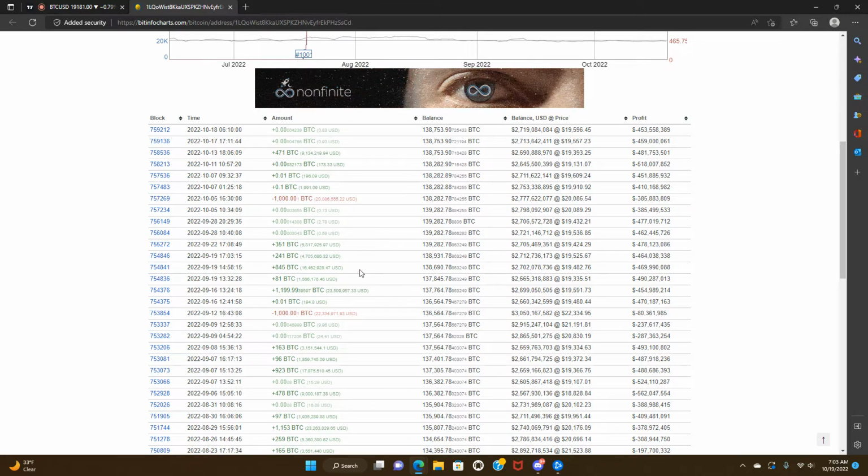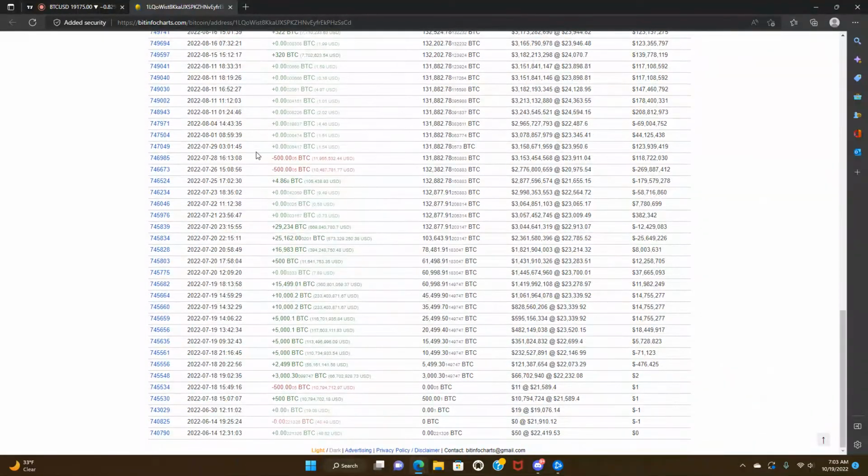But whatever this entity is, it does appear that there's not really a pattern to their accumulation, right? It's almost like whatever entity it is is just dumping free cash flow into Bitcoin and putting it in this wallet. Now, the distributions are a little bit more surgical and a little bit more precise. For example, you've got this 1,000 BTC block right here, 1,000 BTC block right here, and then two 500 BTC blocks roughly together for roughly 1,000.